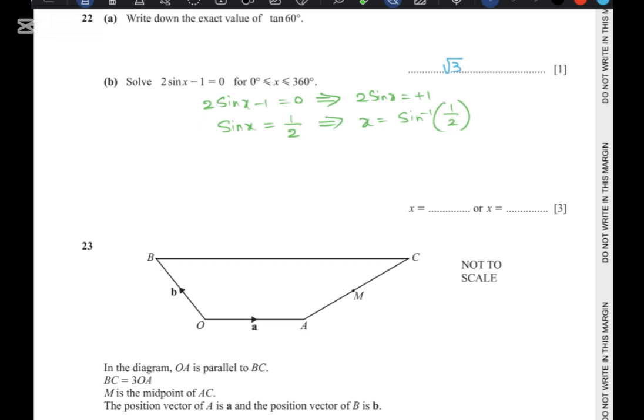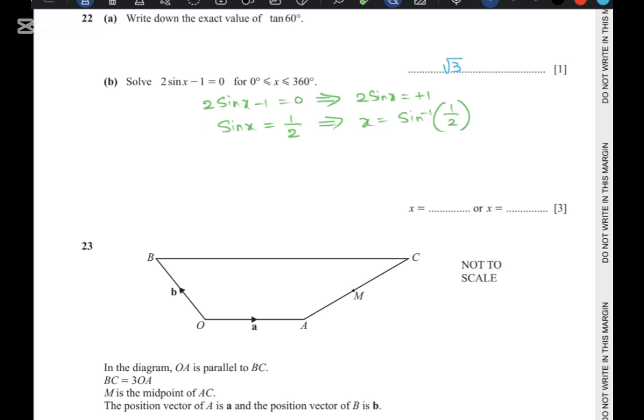Now to find the value of x, you should know for which angle you get sine equal to 1 by 2. Sine 0, sine 30, sine 45, sine 60, sine 90. Sine 90 is 1, sine 0 is 0.